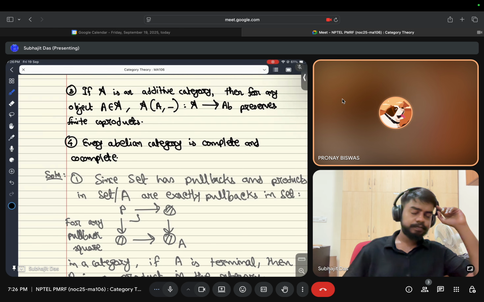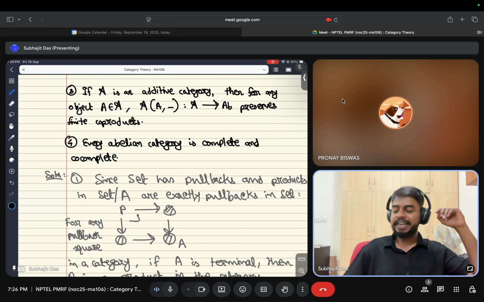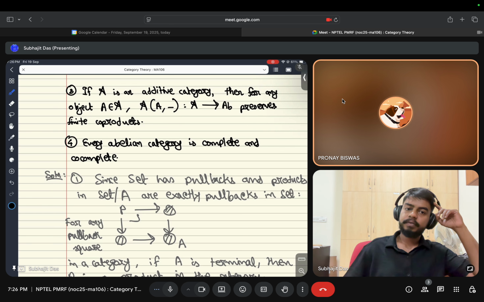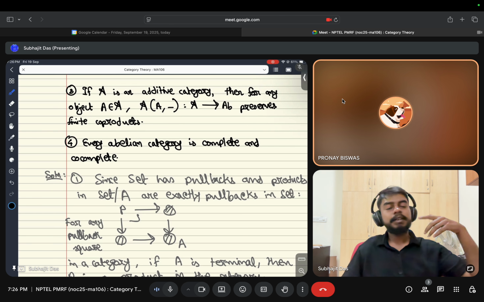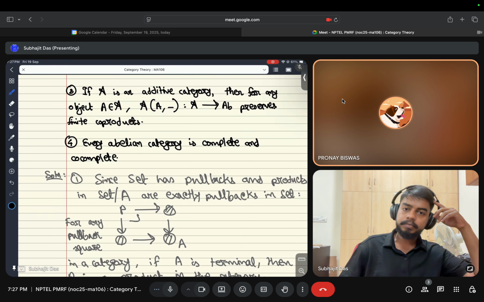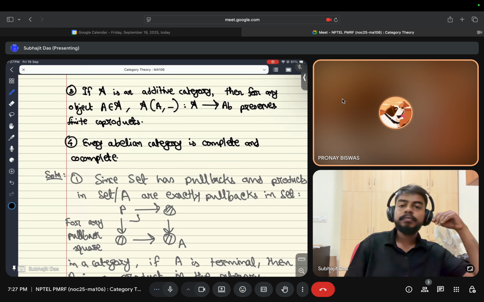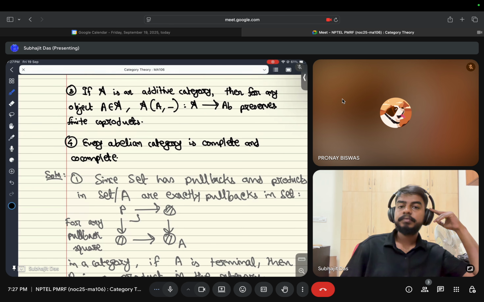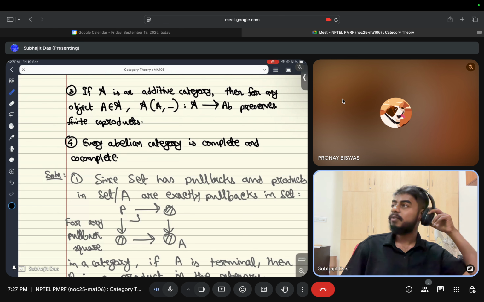Okay. That is, it has all finite limits and it has all finite co-limits, because it has binary products, or rather finite products, and equalizers. But is it necessarily also complete?